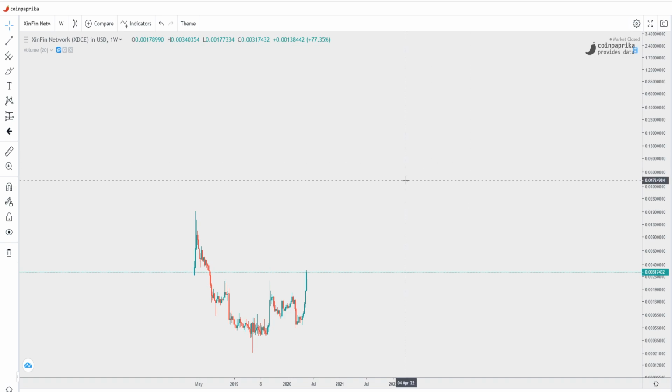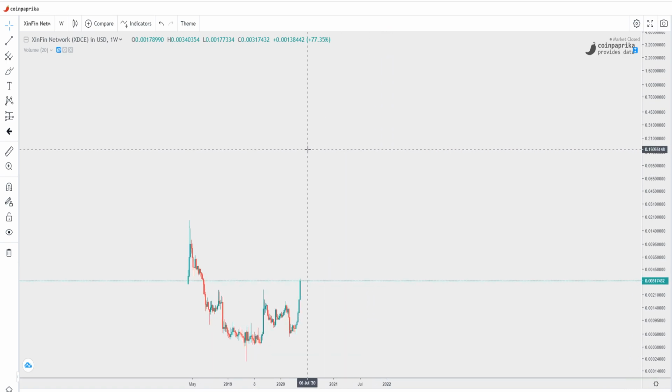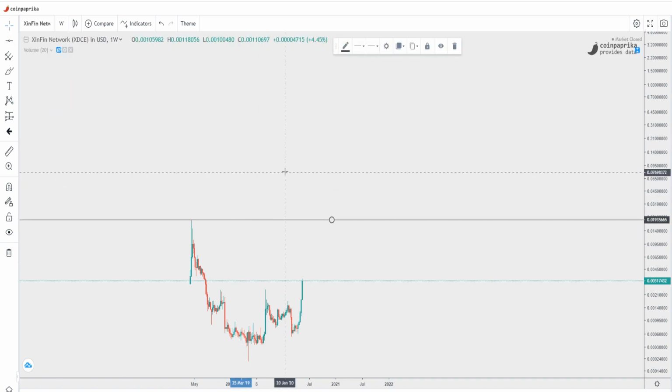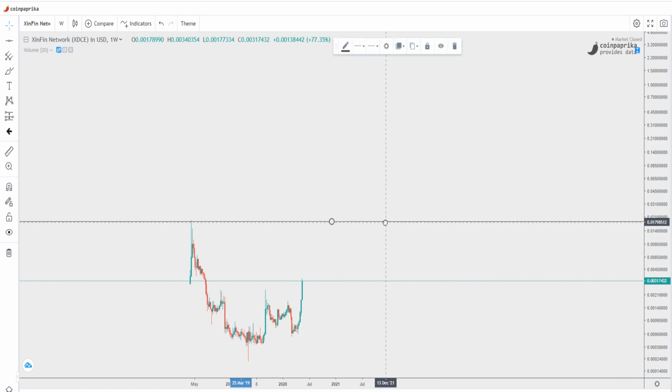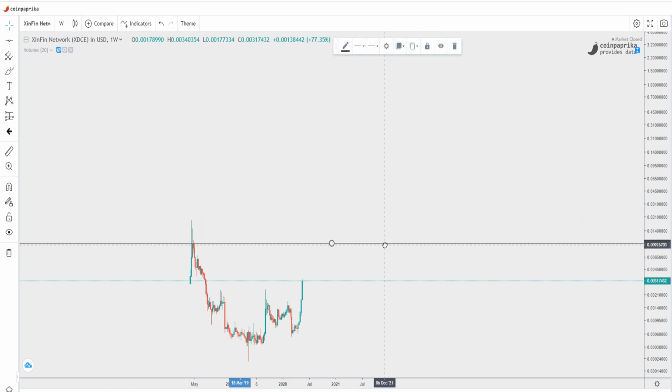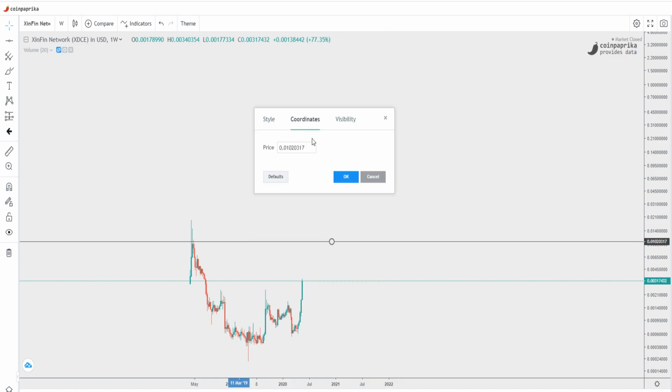Okay, let's go. So let's tag our previous high. Which level is this? It's almost 2. Let me check the numbers on the right. Okay, this is the proper level.